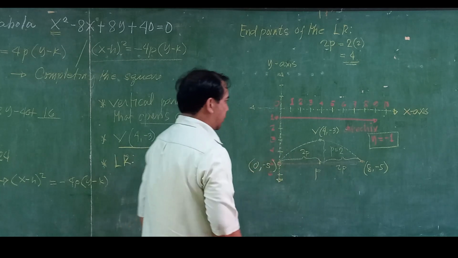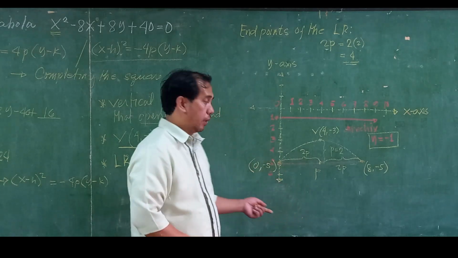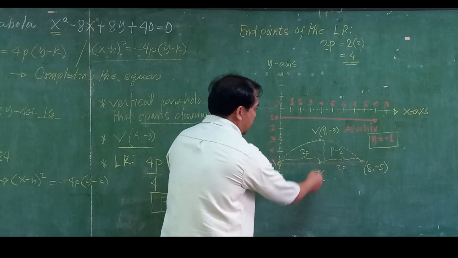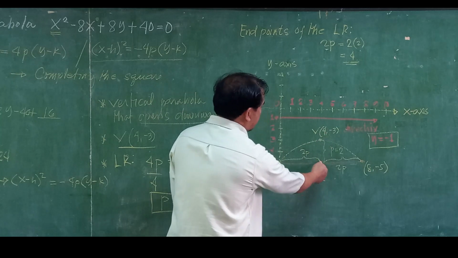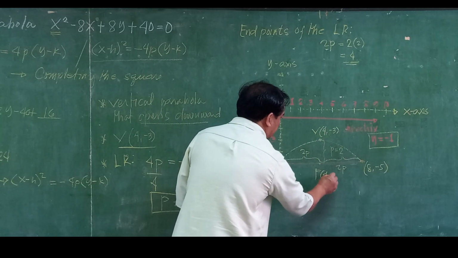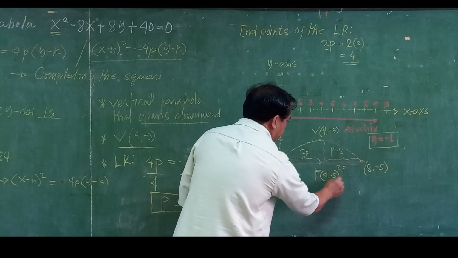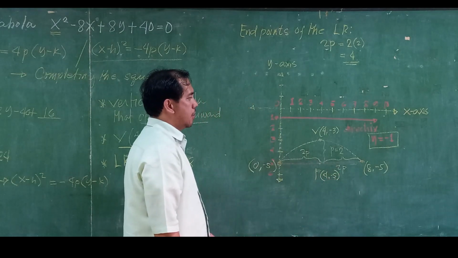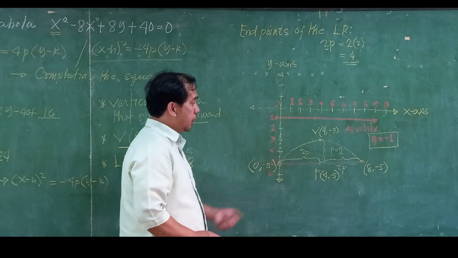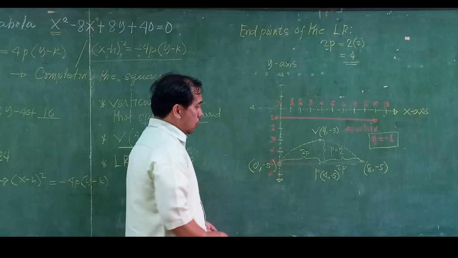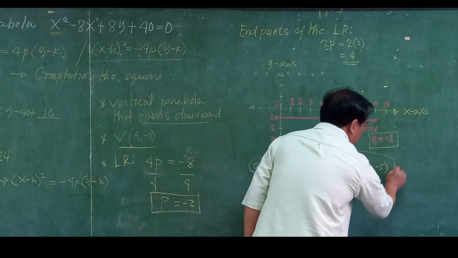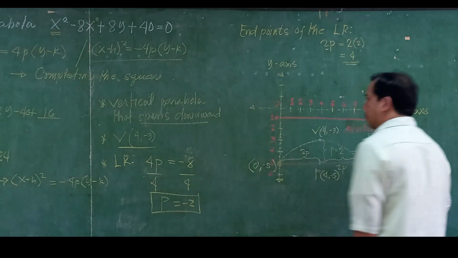And so these are the labeling of our points. How about our focus? Our focus is located at (4, -5). After labeling, it is proper to name the parabola.